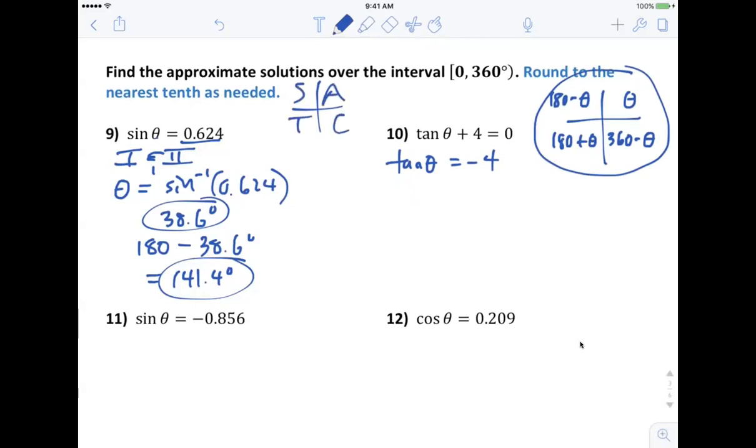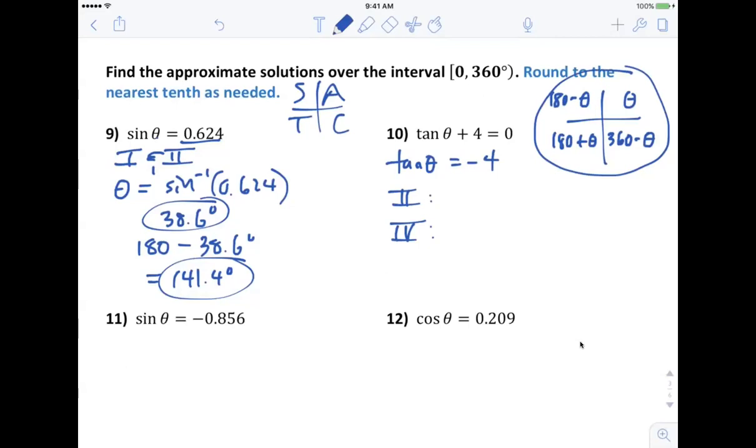That T means tangent is positive. So tangent is positive in quadrants 1 and 3. So tangent is negative in quadrants 2 and 4. So I'm going to have a quadrant 2 solution and a quadrant 4 solution. If I want to get those, I need that reference angle.